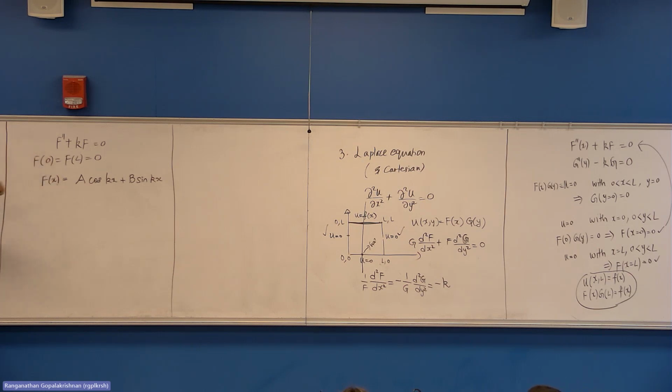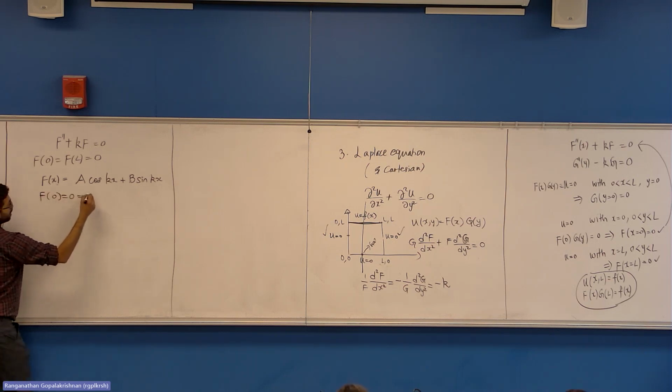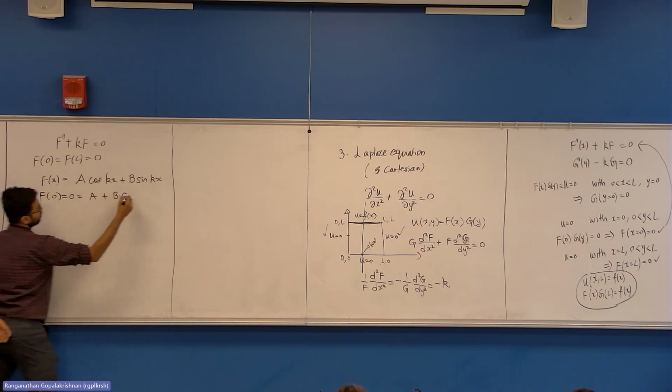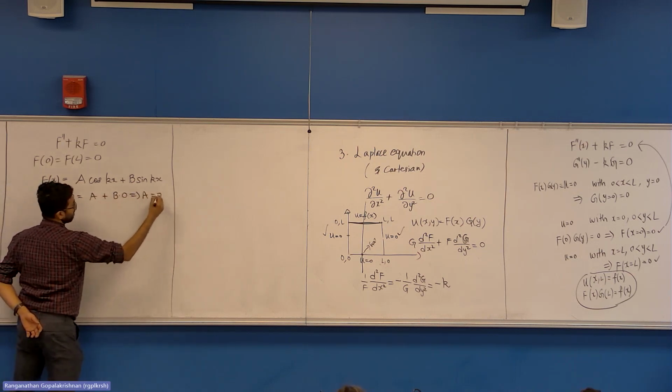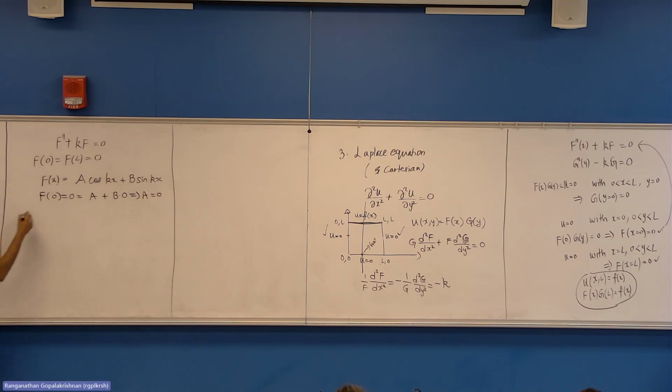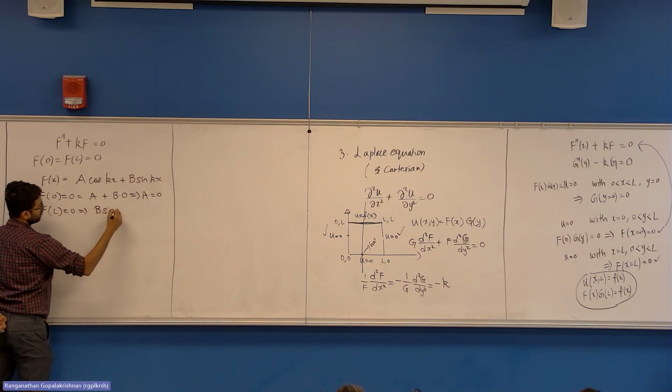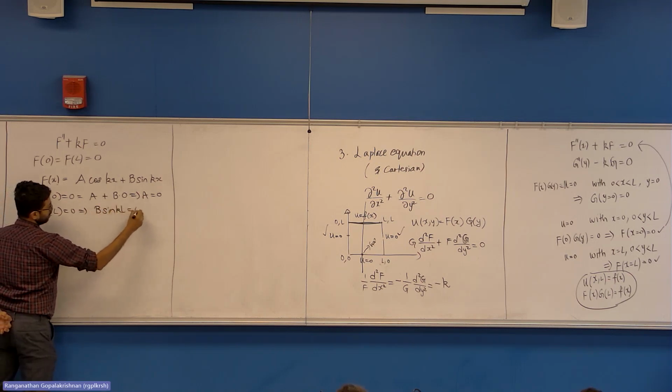All that I'm writing in one step. So now you want to use the boundary conditions, which will imply f of 0, which is 0, equal to a plus b times 0, which can only mean a is 0. And f of L equal to 0 implies b sin kL equal to 0.